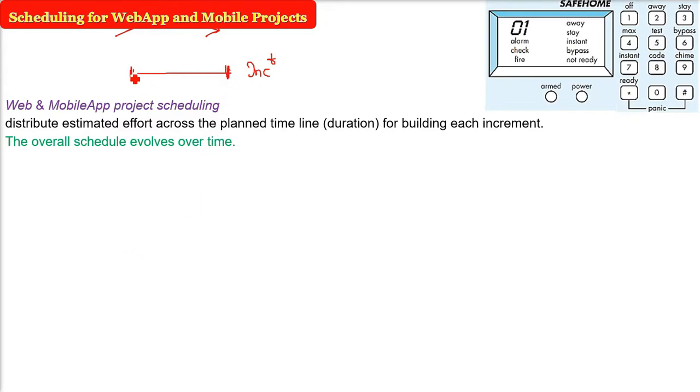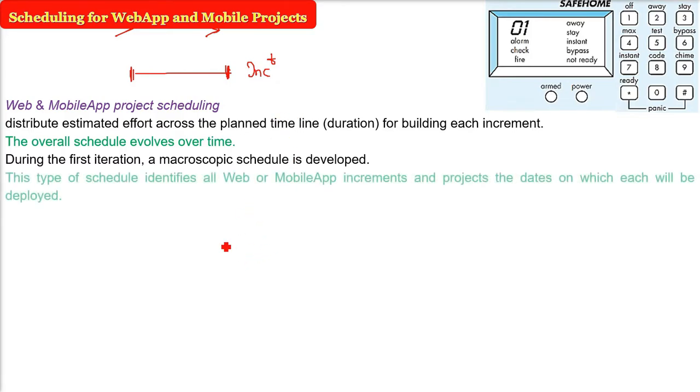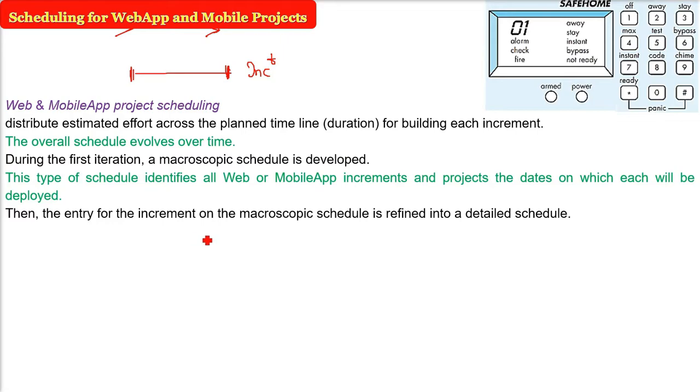It evolves over time. For example, in the first iteration there will be a macroscopic schedule, that is the big schedule, not going into detail. This schedule will identify the web or mobile app increments and the dates on which each will be deployed.